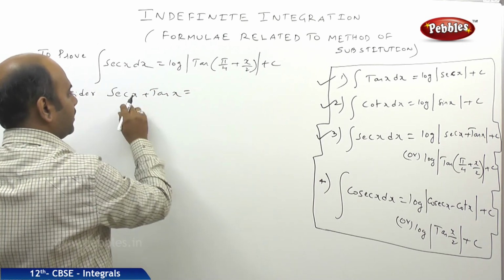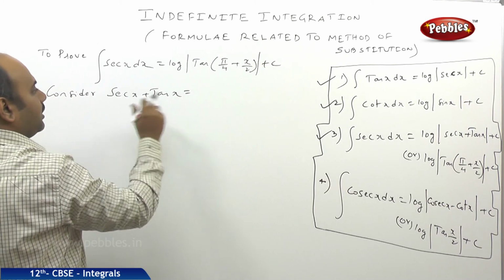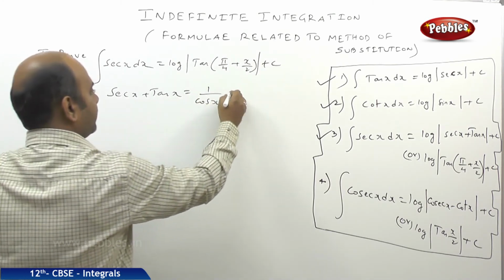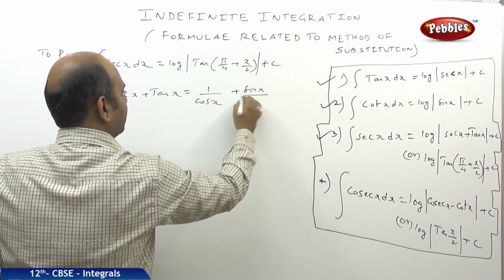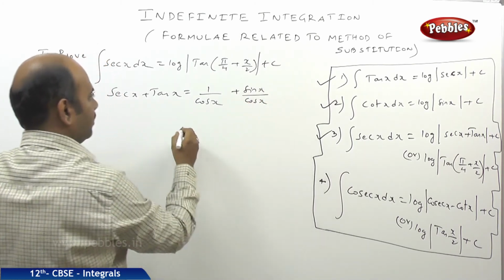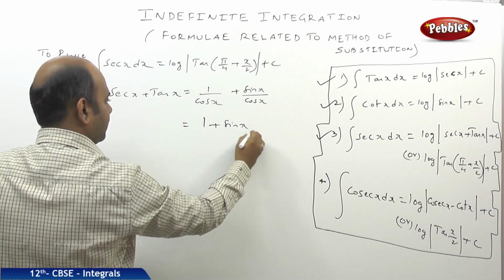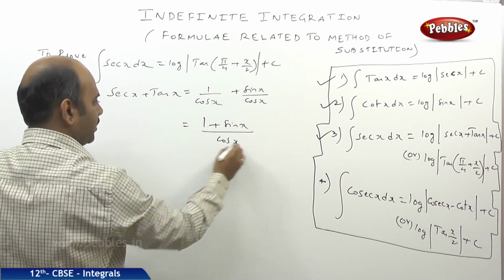Secant x I'll write as 1 by cos x, and tan x as sin x by cos x. So if I take cos x as LCM, it becomes 1 plus sin x by cos x.